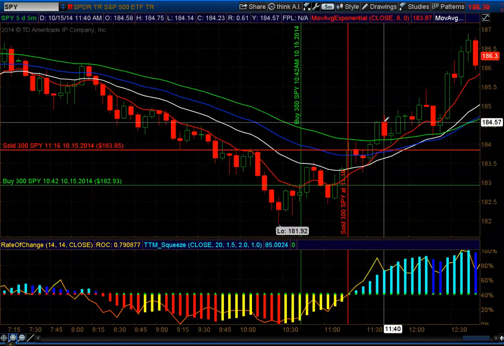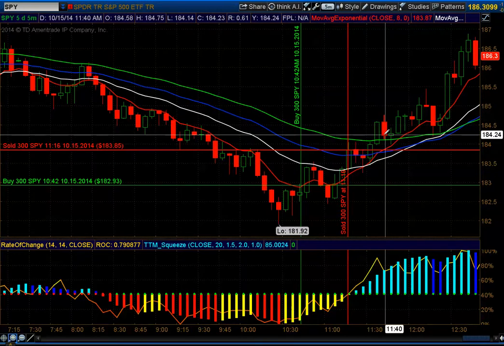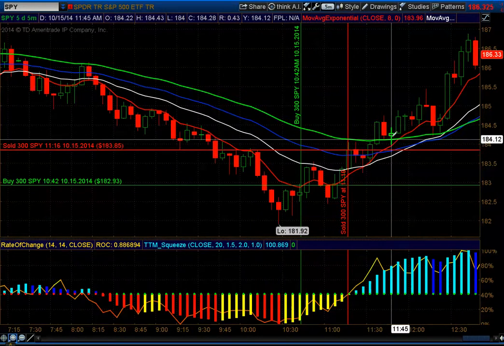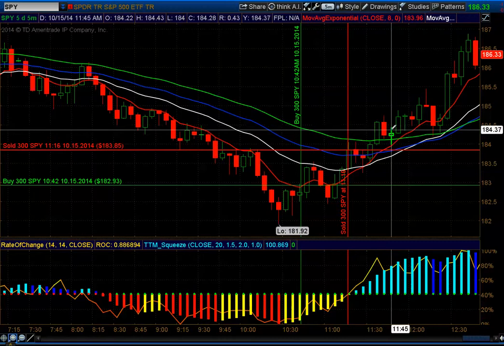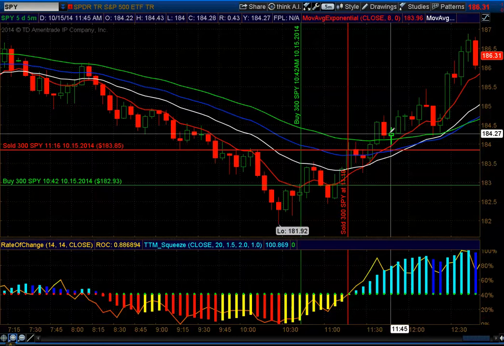But looking at this, this is a down candle, right? So I don't want to buy on a down candle. I want to go with the trend. So once this candle goes below the moving average and closes or is ready to close above my 4 moving averages, this is a wonderful time to get in.